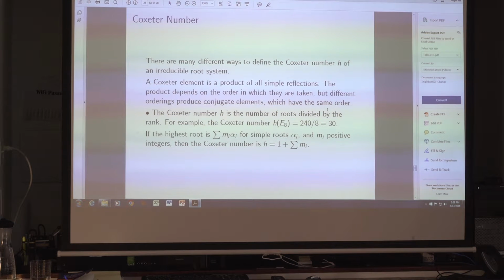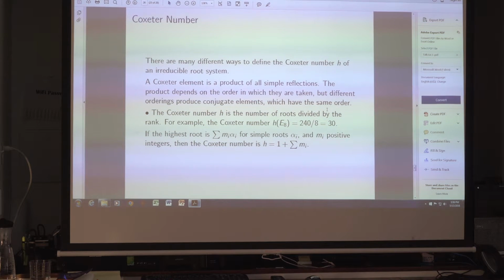Remember, if the roots have different lengths, then you know which is one and which is the other.